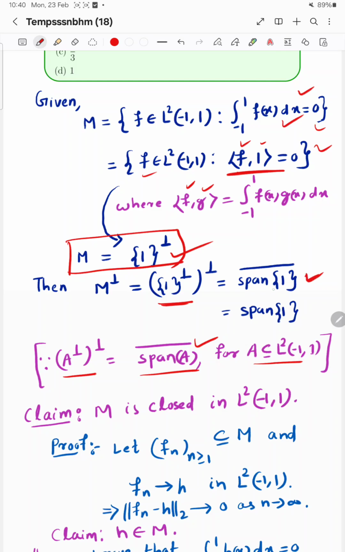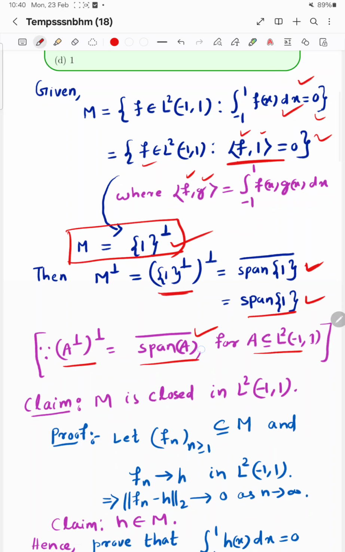Okay, and the span of the singleton set 1 is finite dimensional, its dimension is 1, and we know that every finite dimensional vector space is a closed set, so therefore the closure of the span of 1 is itself. Okay, so we get this as M perp.